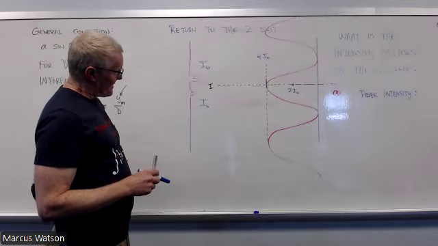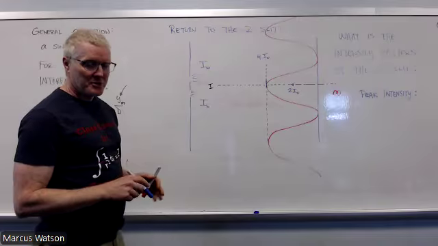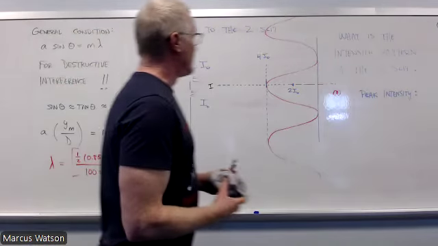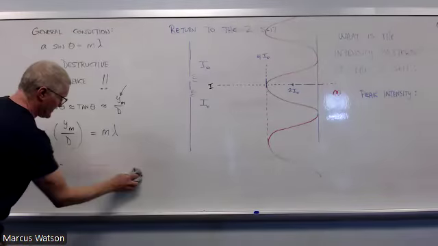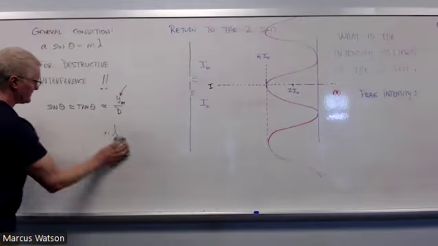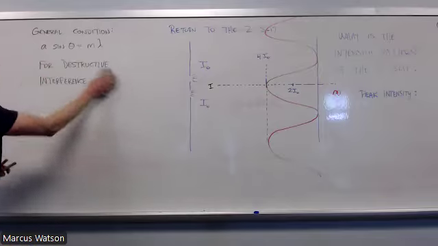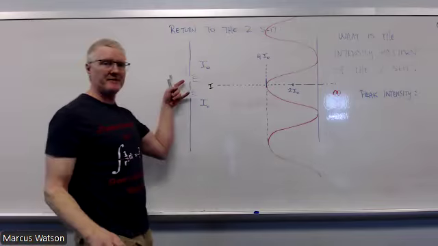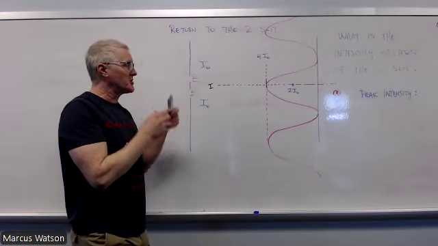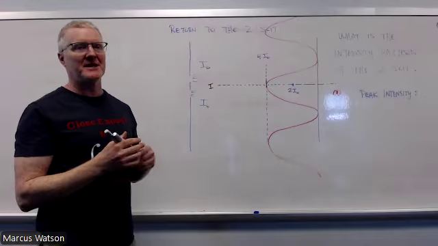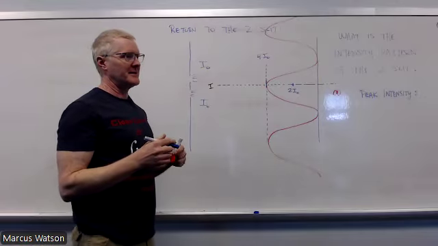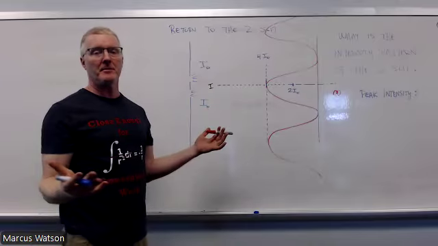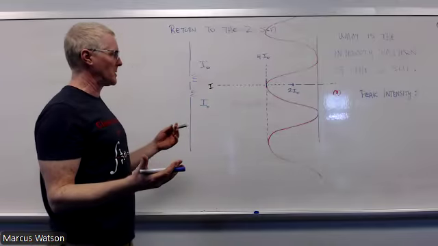In order to do that, I want to introduce a phase angle, and that phase angle is the phase difference between the two waves, such that if the phase difference between the two waves is 0, then I'm getting a maximum bright fringe, right?